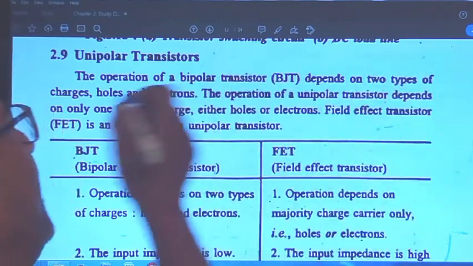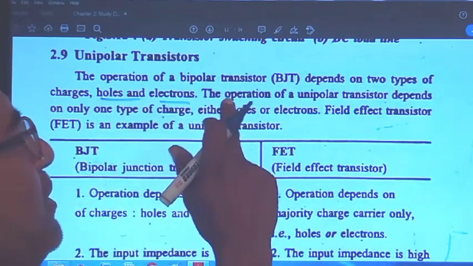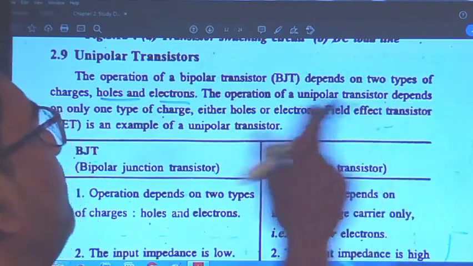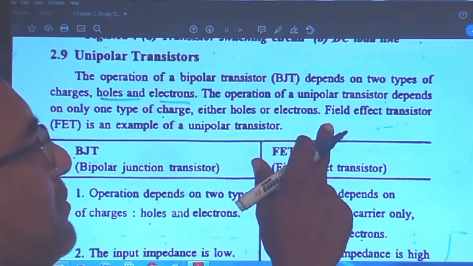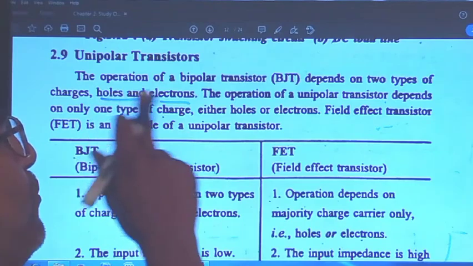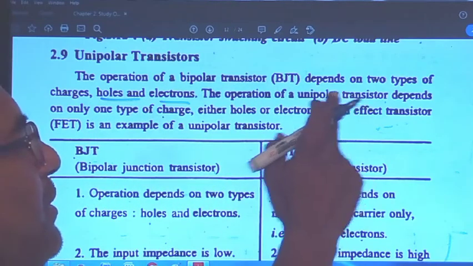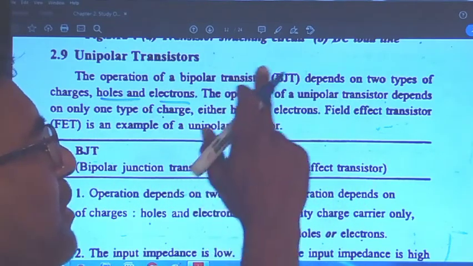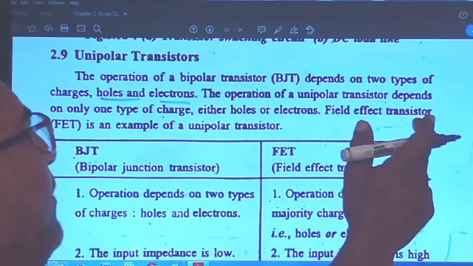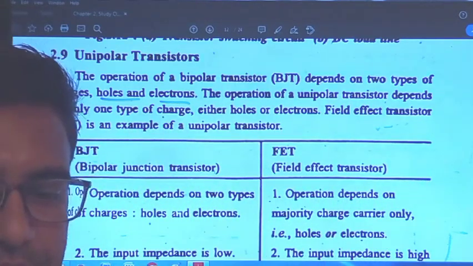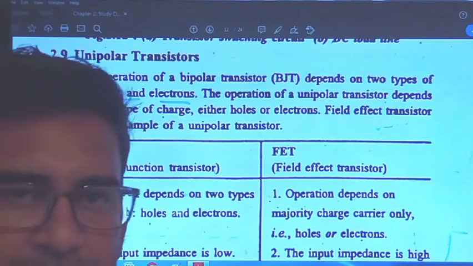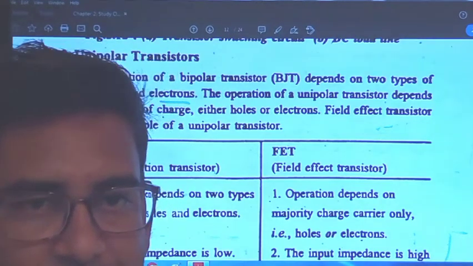It depends on two types, holes and electrons. BJT depends on both, but a unipolar transistor depends either on holes or on electrons. The field effect transistor is an example of a unipolar transistor. Okay, FET.